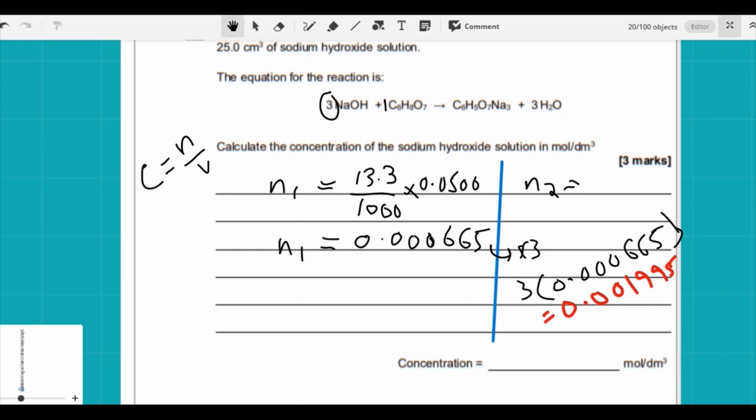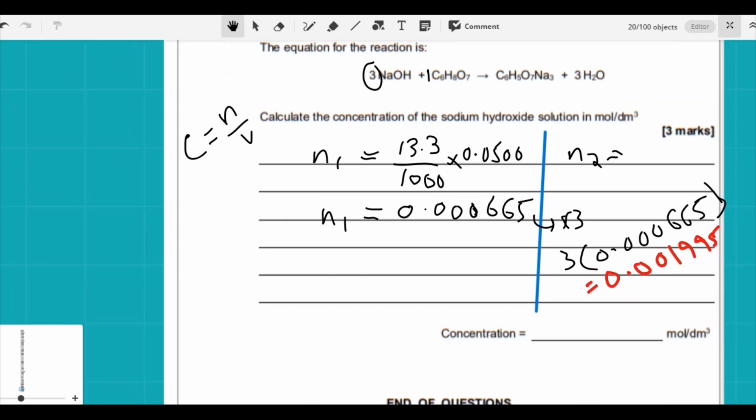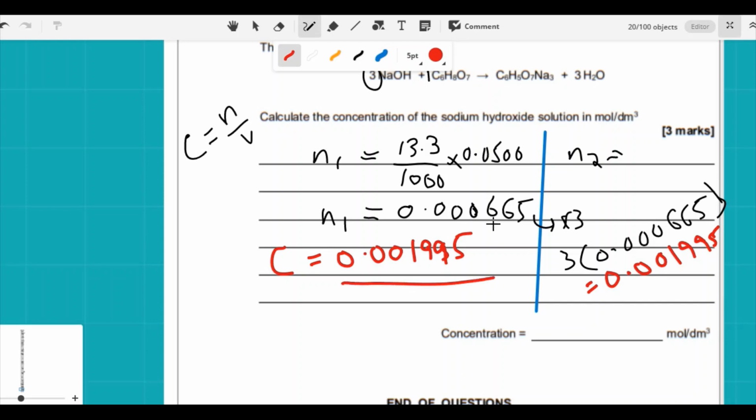Alright, now we have to find the concentration and we already have moles. Concentration is equal to moles, 0.001995, divided by the volume.